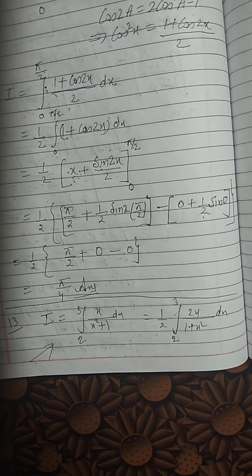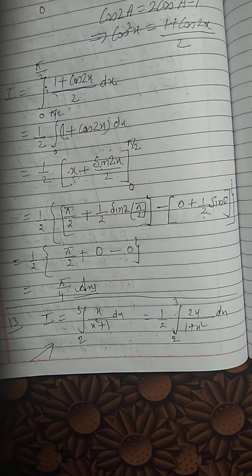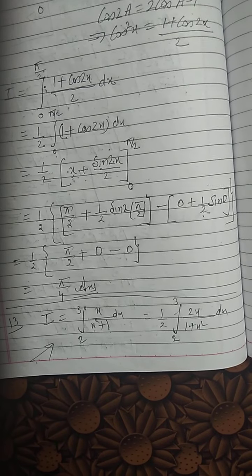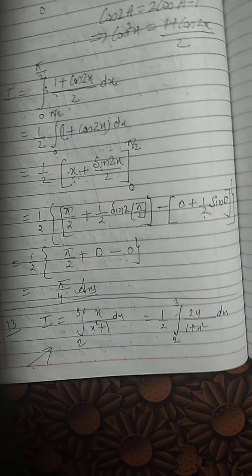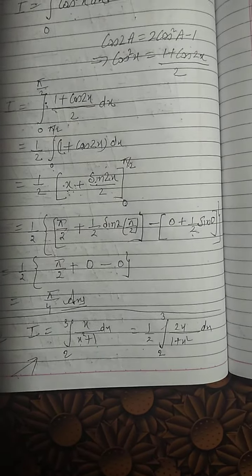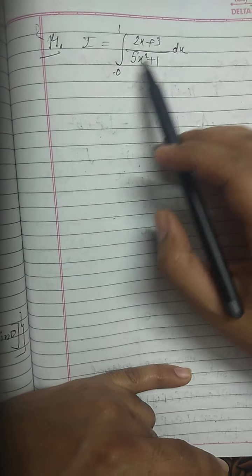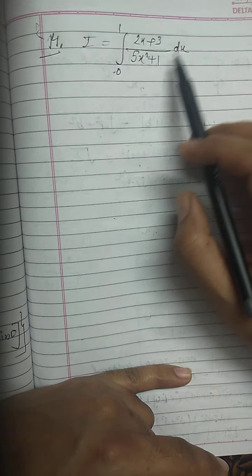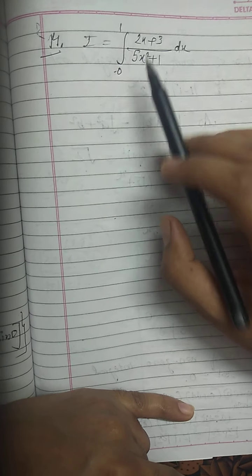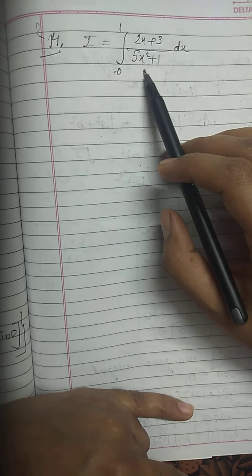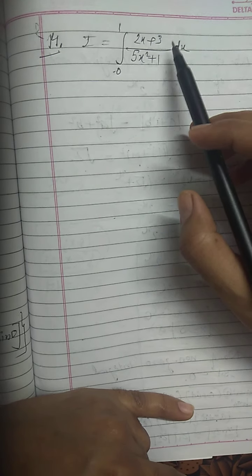The next sum that we will discuss is sum number 14. Okay, so let us discuss sum number 14. If you notice, we have 2x plus 3 upon 5x square plus 1 dx, linear divided by quadratic. So there we have two ways to do it.